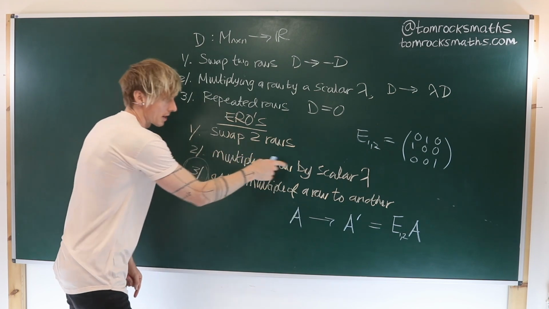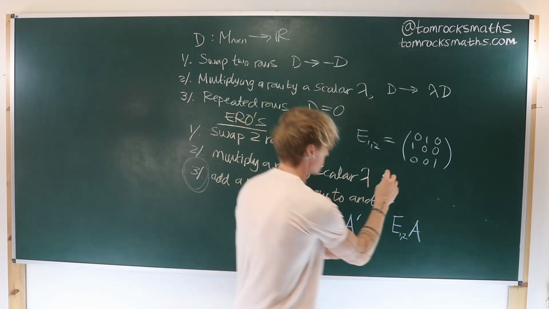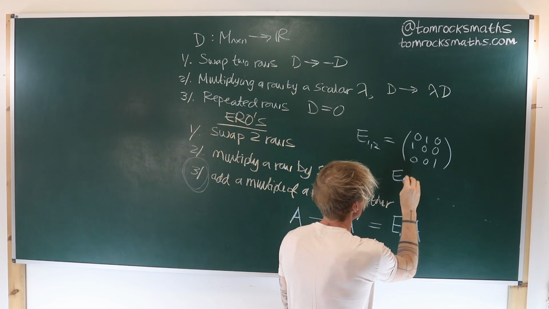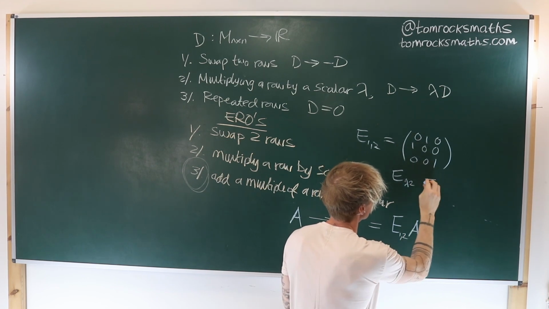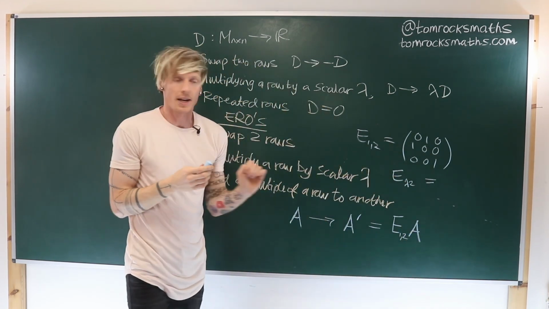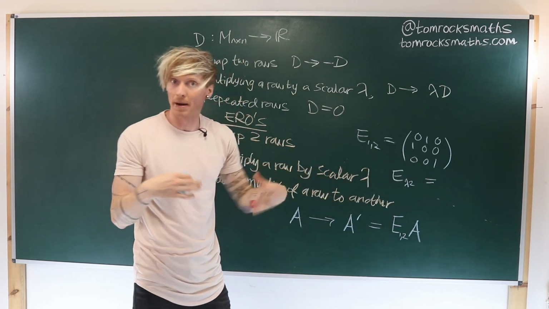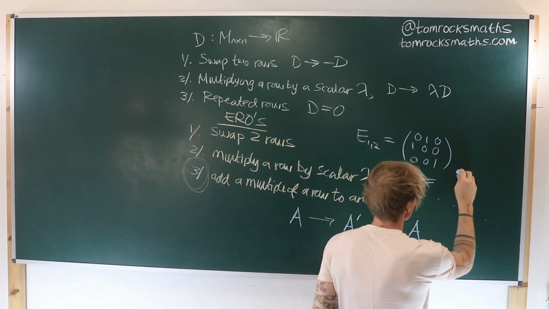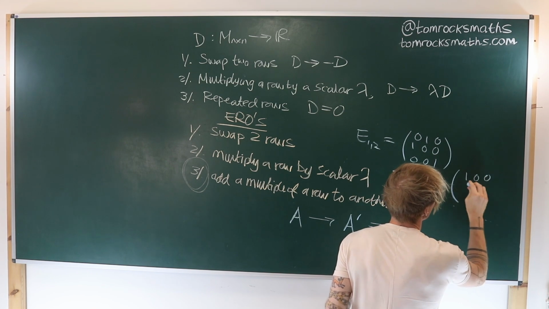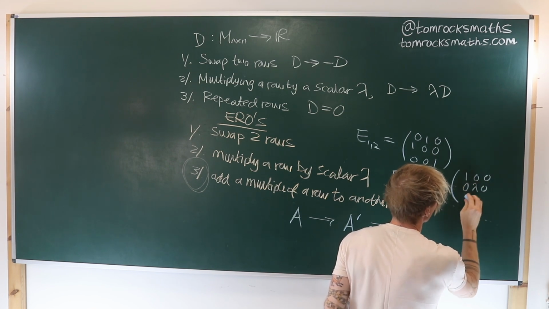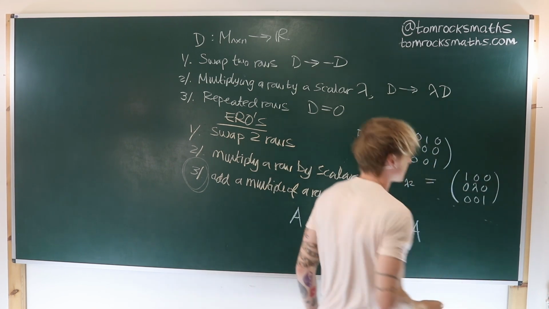When you're multiplying a row by a scalar, let's call this E lambda 2, for example, signifying we want to multiply the second row by lambda, then we do the same to the identity. So it's 1, 0, 0, 0, lambda, 0, 0, 0, 1.